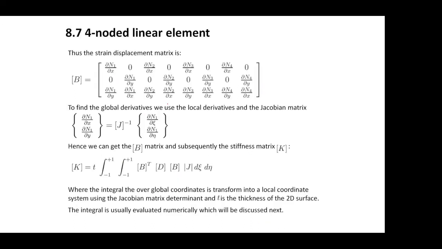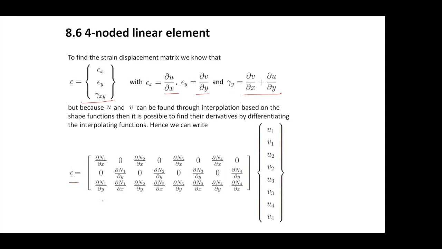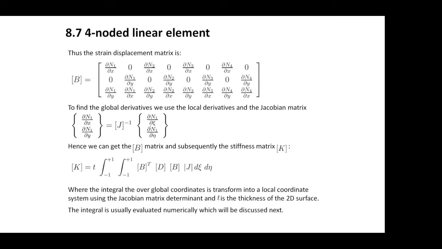And then this is the B matrix as well. The B matrix, you get the components of the B matrix. So this one and this one, using the inverse of the Jacobian, you repeat the same thing for this one, and so on for all of them. So you get the components of the B matrix.